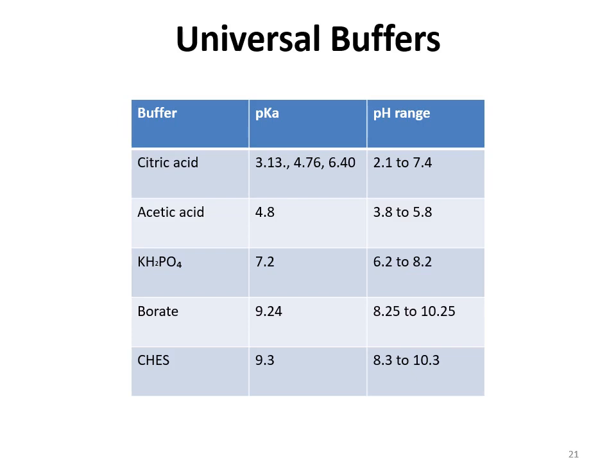Next is CHES. It is N-cyclohexyl-2-aminoethanesulfonic acid. It typically appears as a white crystalline powder, and its pKa value is 9.3 and its pH range is 8.3 to 10.3.